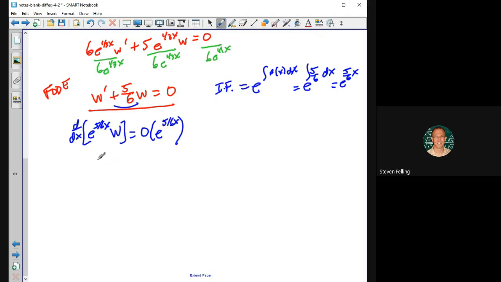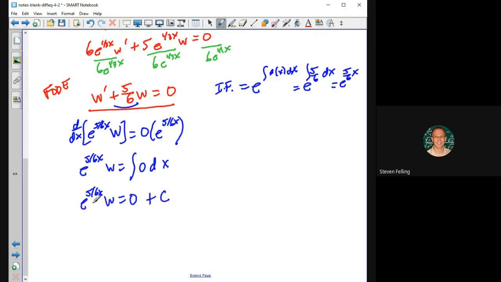Okay, so what we typically do then is say, okay, we have e to the 5/6x w is equal to the integral of this, which is just 0 in this case, right? And so if I take this with respect to the variable x, that means that e to the 5/6x w will equal 0 plus an integrating constant.